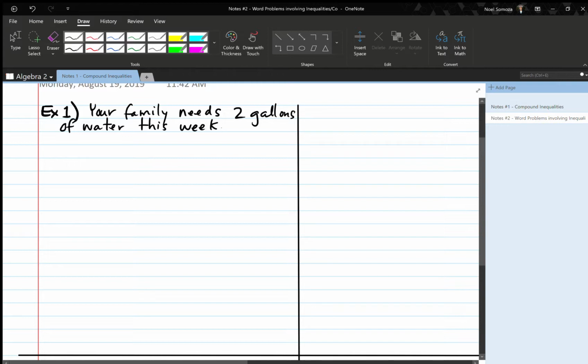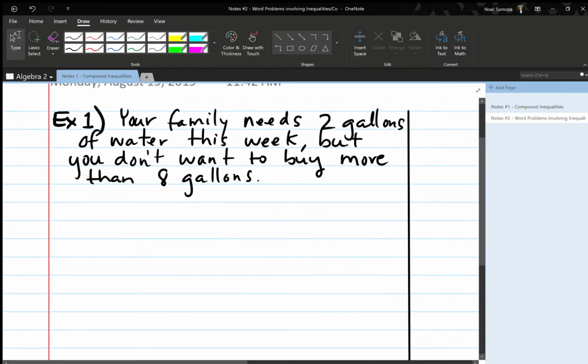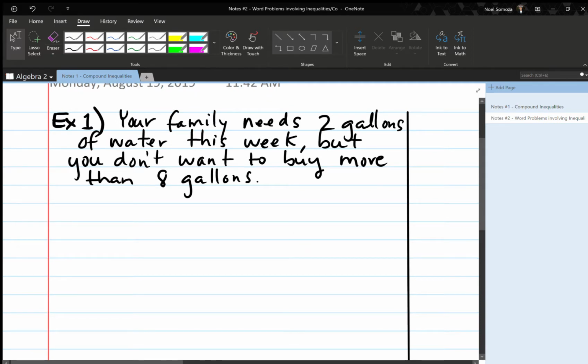But you don't want to buy more than 8 gallons. Let's just say that you don't have enough room to put them. So you don't want more than 8, but you need 2.